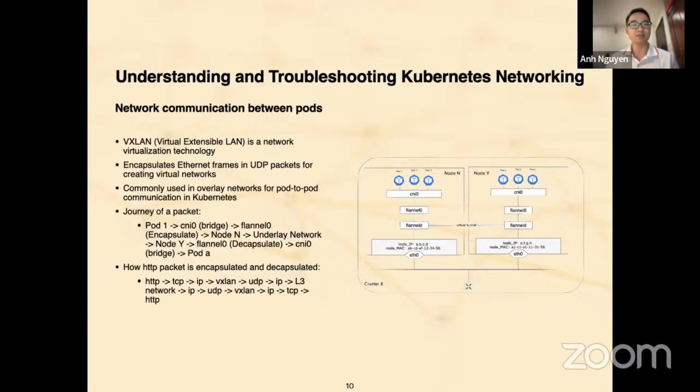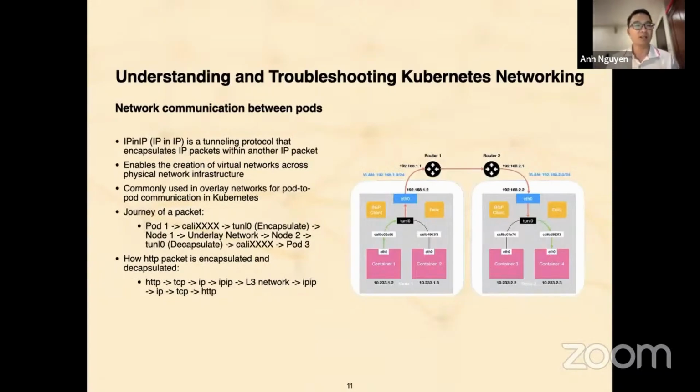When a pod sends a packet to a pod in another node, the packet will pass through the VTEP, or VXLAN tunnel endpoint, on the source node, be encapsulated with a VXLAN header, and then further encapsulated into a UDP packet and routed through the cluster underlay network to the VTEP on the destination node.